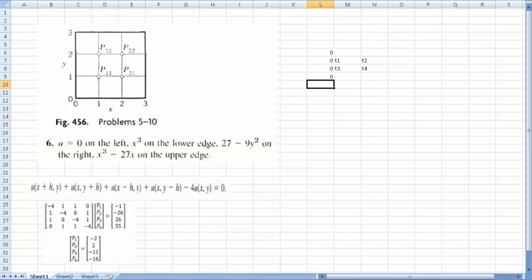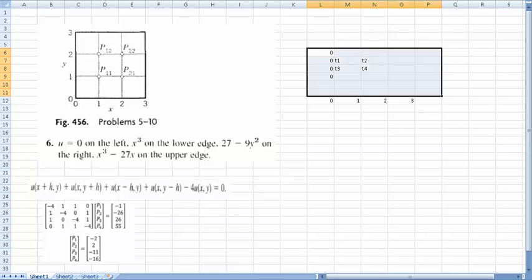On the lower edge, it's 27 minus y squared. Okay, no, it's x cubed on the lower edge. So I'm just going to put some x values here. X is 0, 1, 2, and 3, as given in the problem statement.